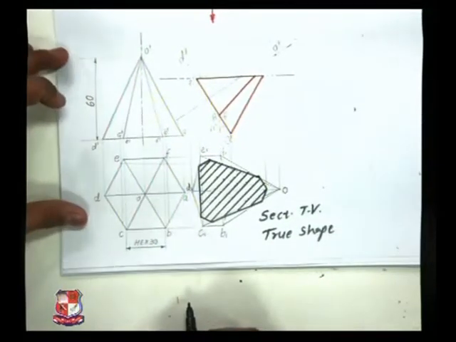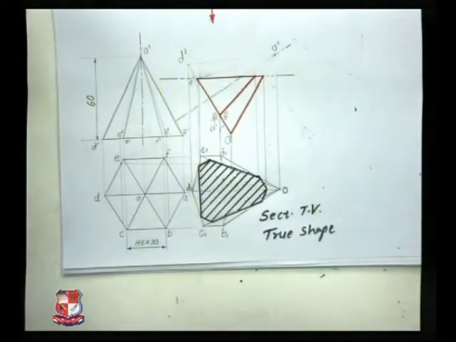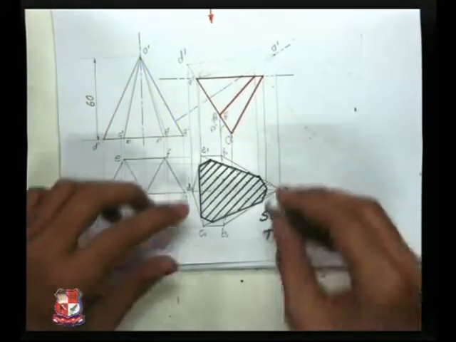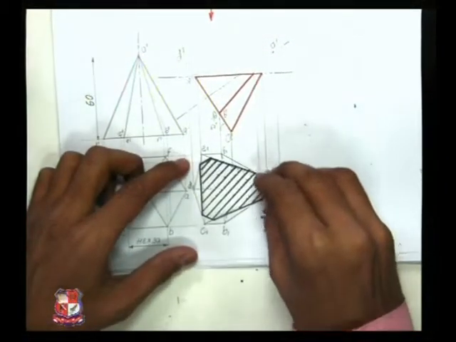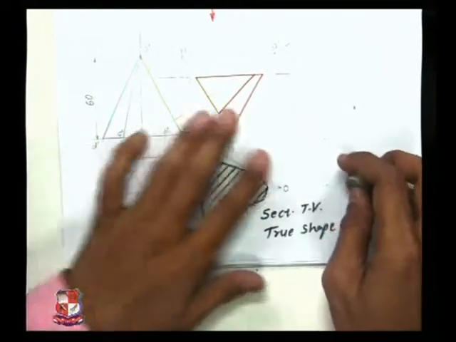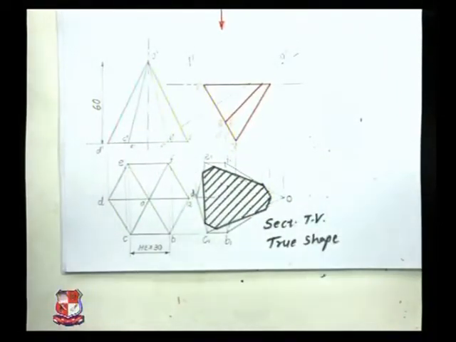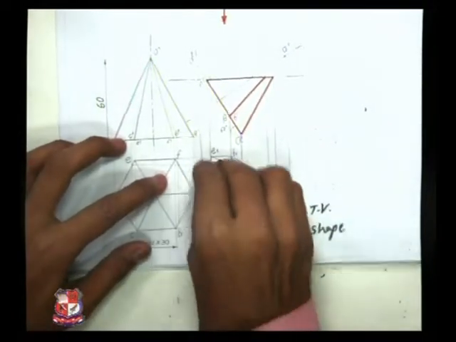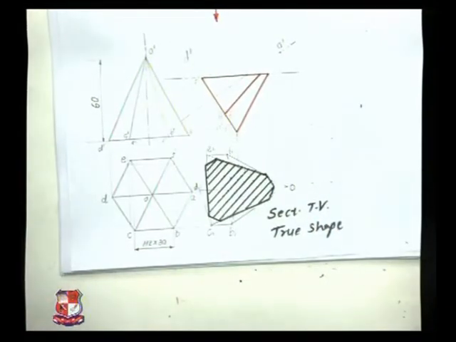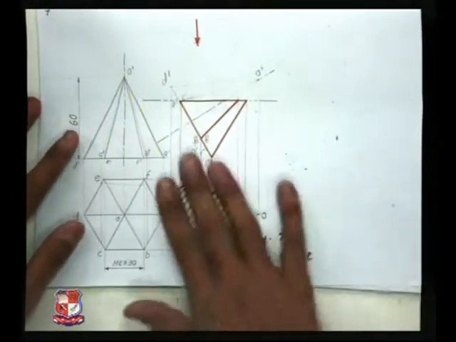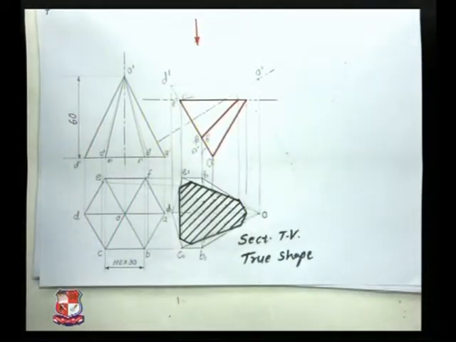Both are in the single view. And this upper portion should also be made lighter as it's a removed portion. Here also this edge is removed, so draw it much lighter. So the second step of this problem is completed.